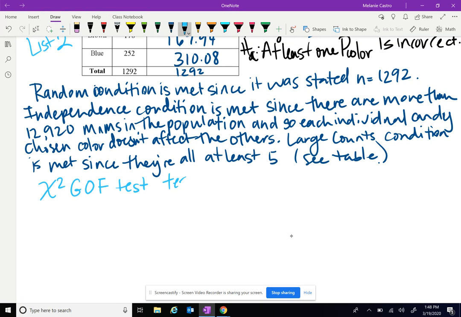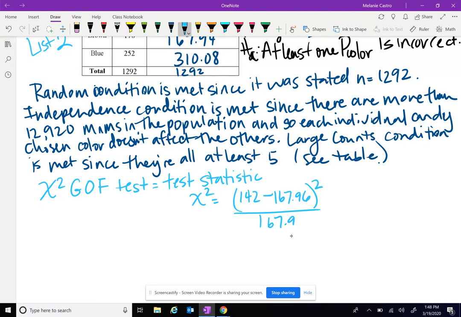So that test statistic is supposed to be our observed minus its expected, squared, divided by the expected. And then you would add together the next one in our list, what we observed minus what we expected, divided by what we expected.